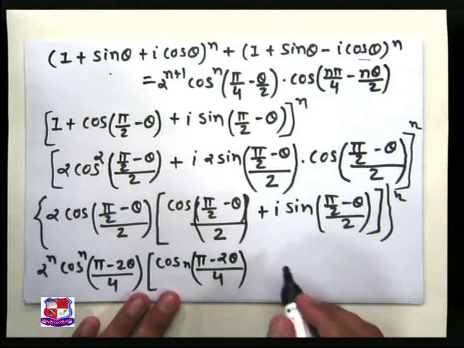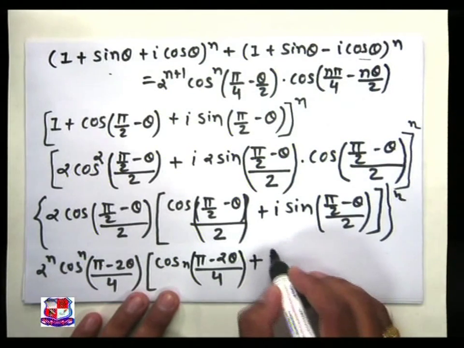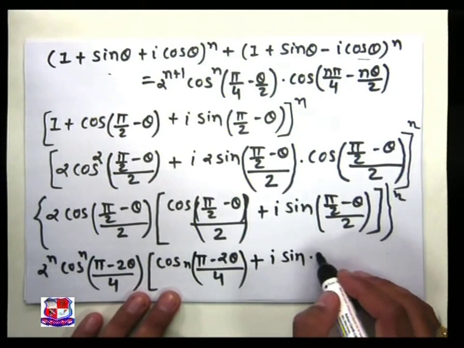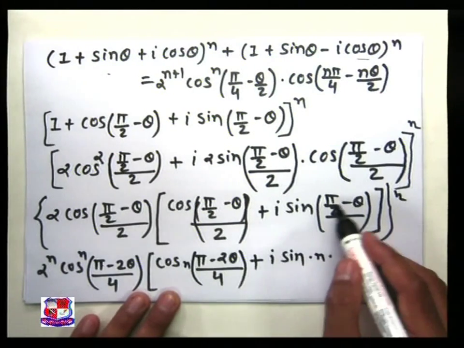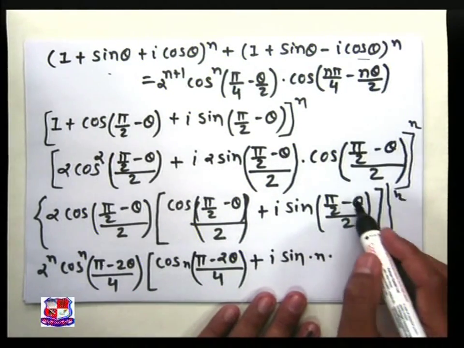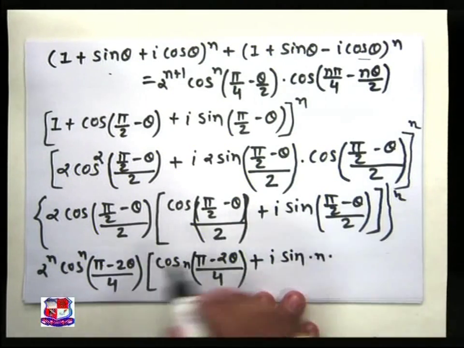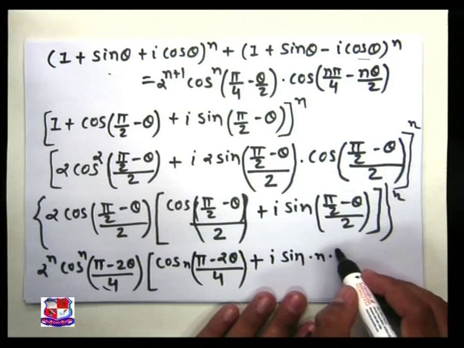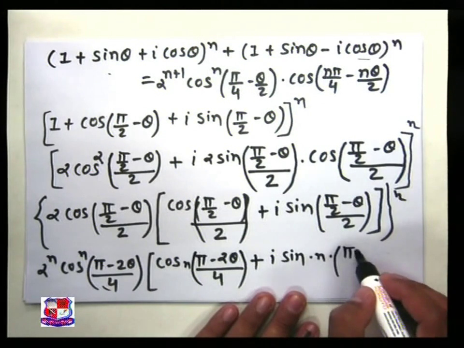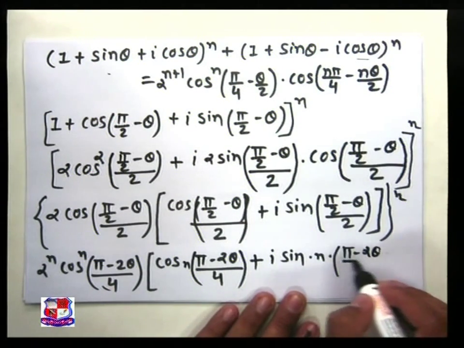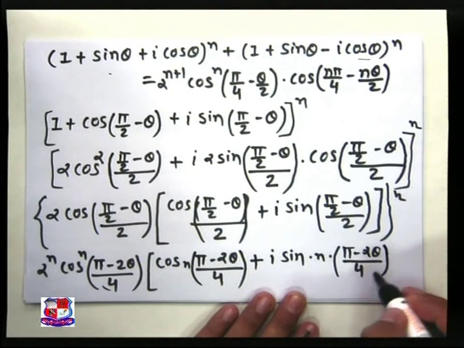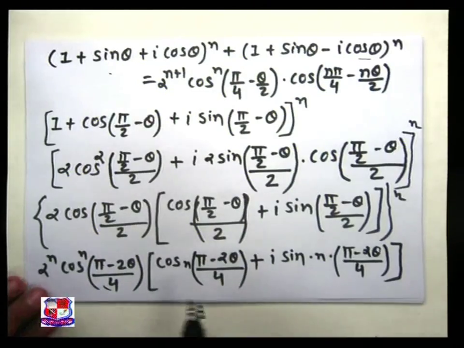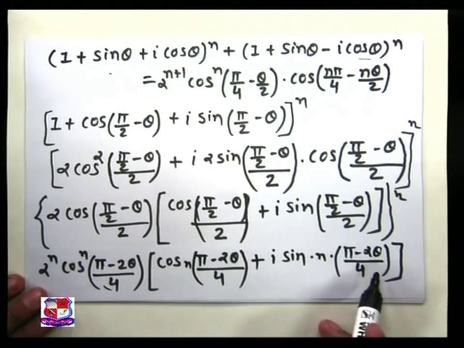Now the second term plus i sin, now n into theta. So we want to simplify this theta, that becomes the same, pi minus 2 theta by 4. So here pi minus 2 theta by 4.